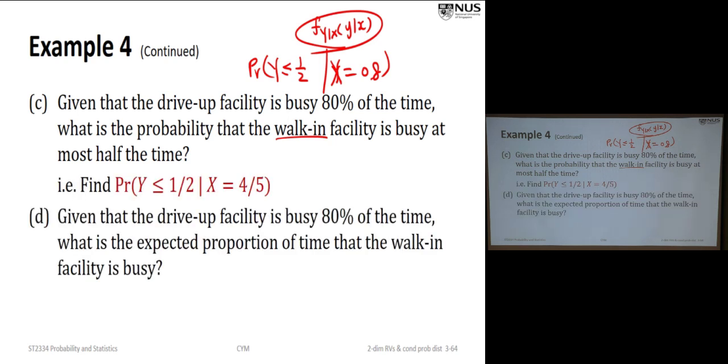Then, given that the drive-up facility is busy 80% of the time, what is the expected proportion of time the walk-in facility is busy? This translates to finding the expectation of y.